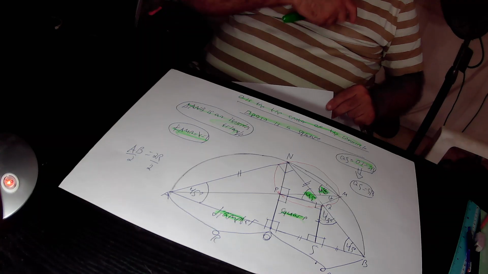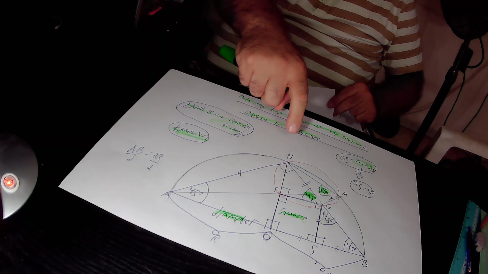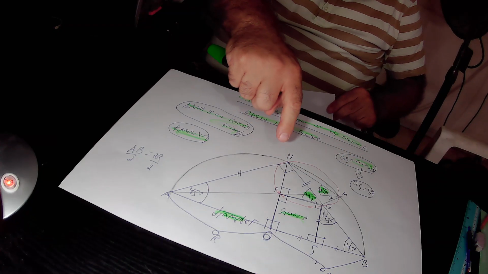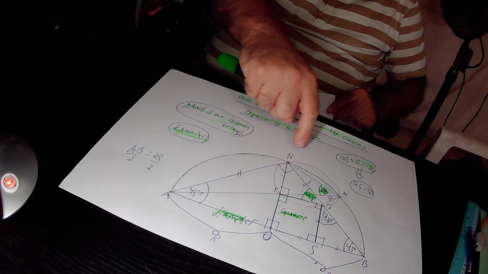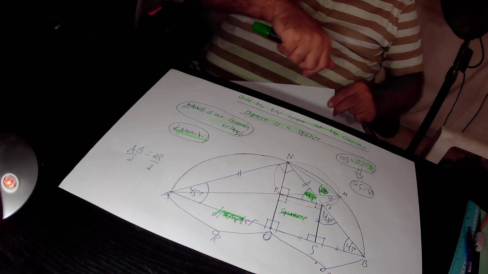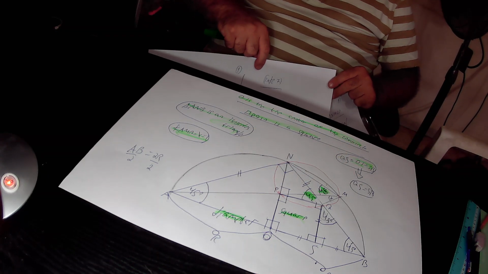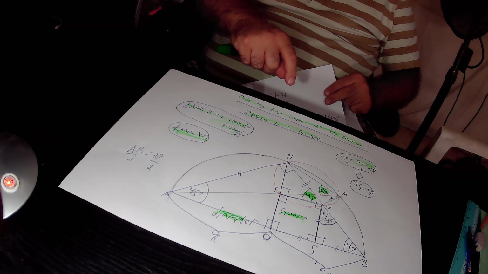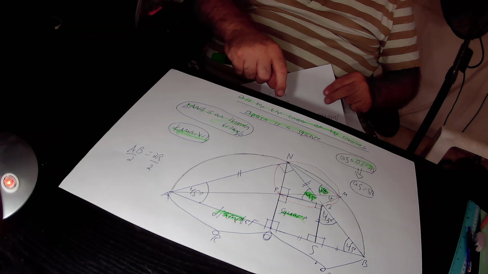Okay, so you can see from the drawing that quadrangle NMQP is indeed blocked by this circle, or inscribed by this red circle. And we have the rule that says that the sum of the opposite angles of a cyclic quadrangle must be equal to 180 degrees.